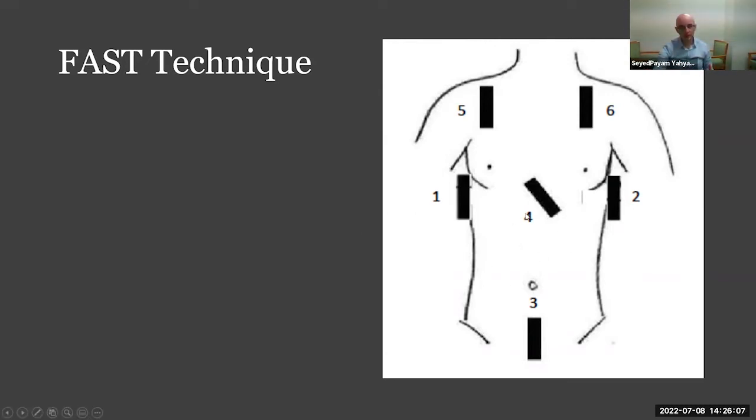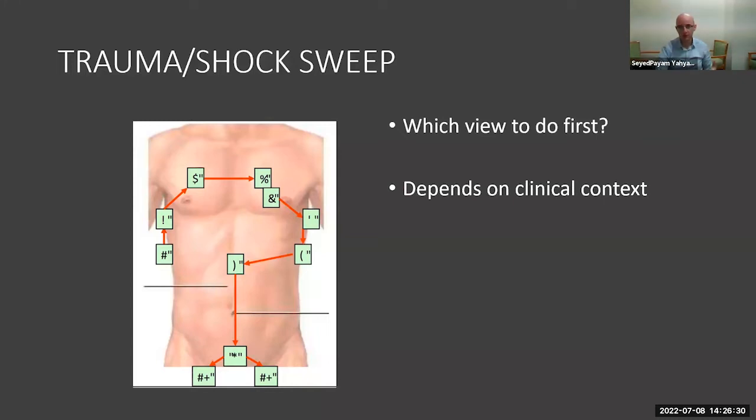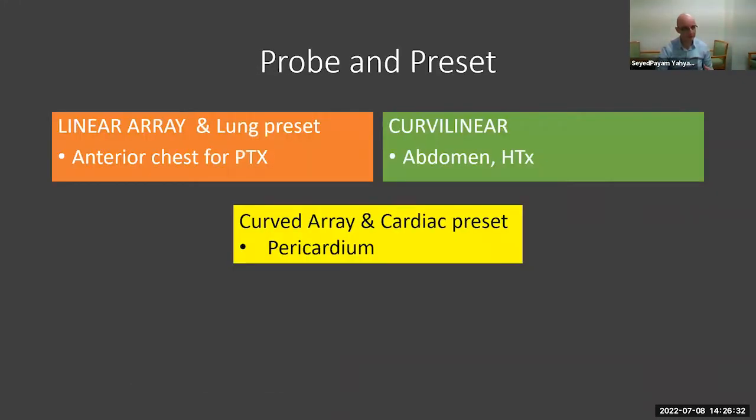Then I look at the intraperitoneal fluids by looking at the other three areas. There are some talks about a trauma sweep, starting from one side, going up, going down. That can help prevent missing a view. But again, depending on the clinical situation, we can choose which area to look at first.